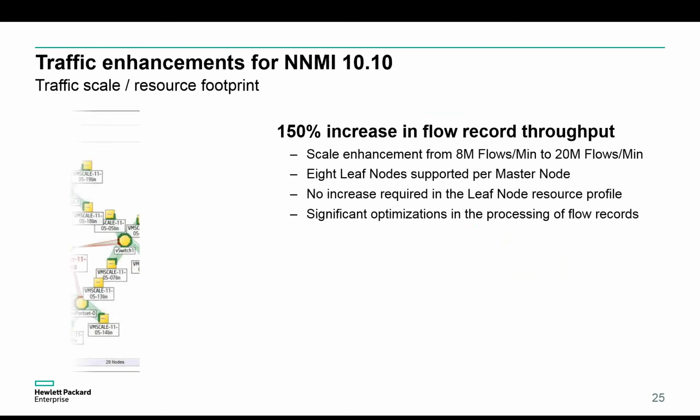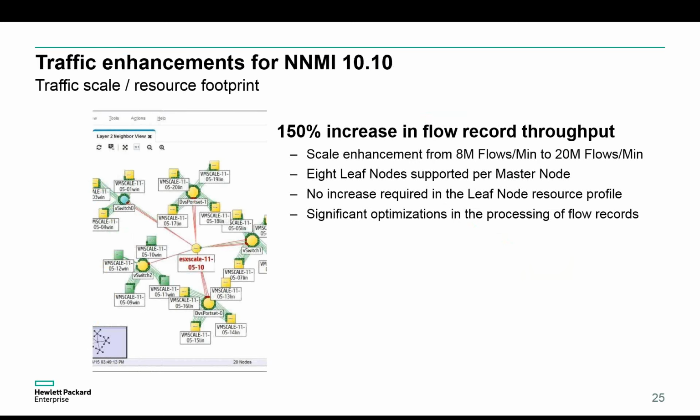Likewise, in traffic, we've also made some pretty significant performance improvements. In previous versions of traffic, we were able to support about 8 million exported flows per minute over 8 leaf nodes.